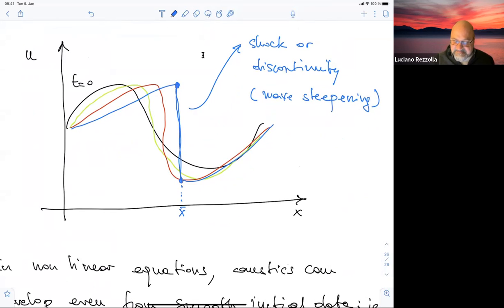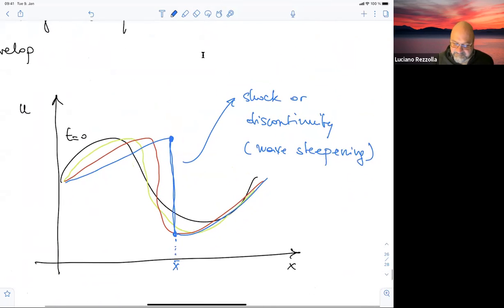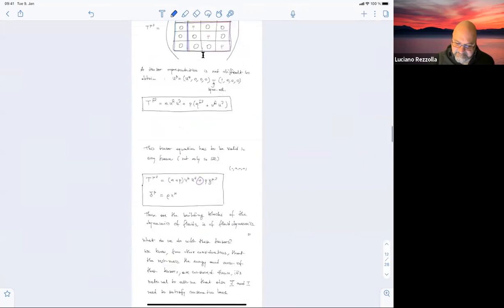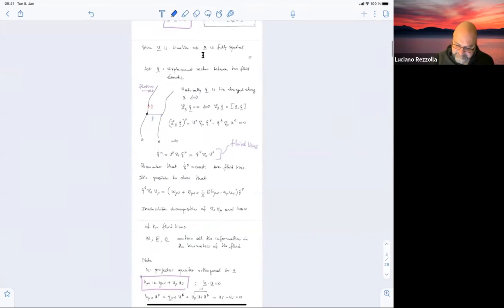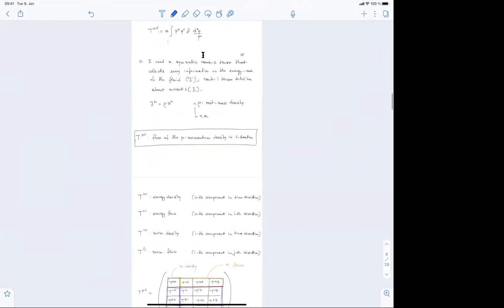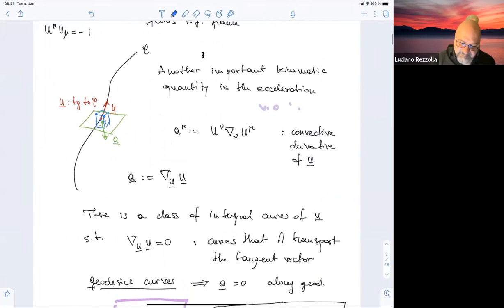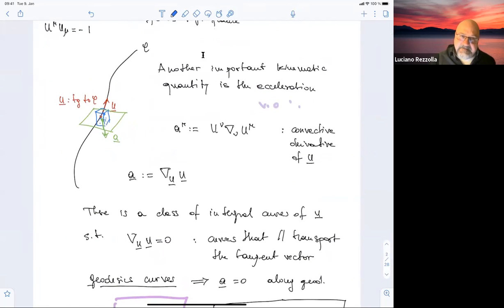Reality will be such that even if there is an absence of dissipation, this surface will still have a certain thickness. And this will be the mean free path of particles, because particles are, at the end of the day, our constituents. Don't forget where we started. We started from this description: we have a little fluid element where we have particles.